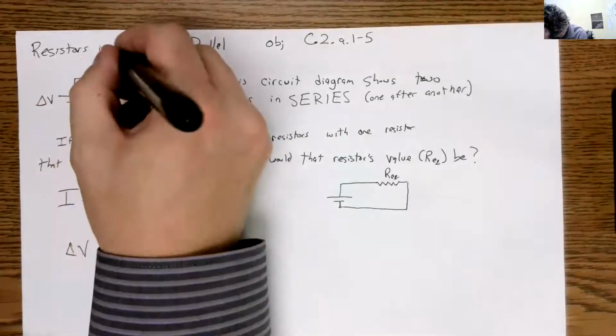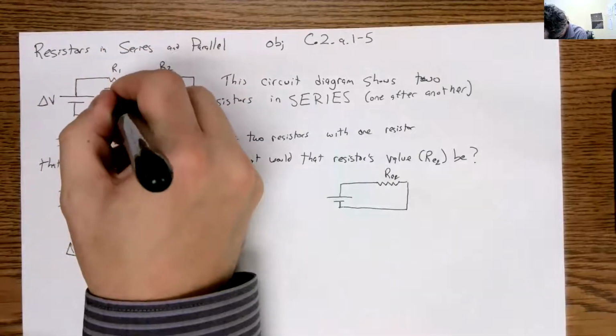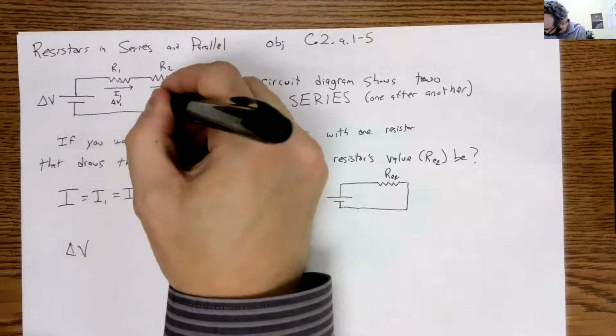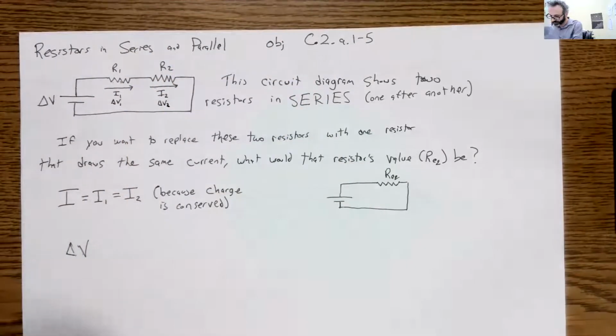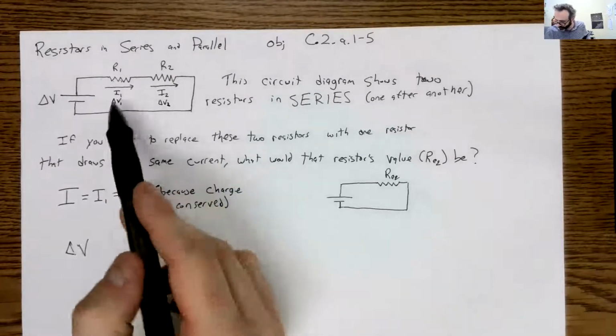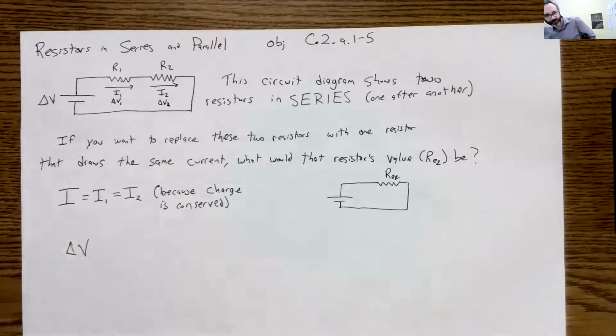There's going to be a potential difference across the first resistor, and a potential difference across the second resistor. We remember how we can relate those two to the total potential difference. We said the currents have to be the same. Is the same true about potential drops?